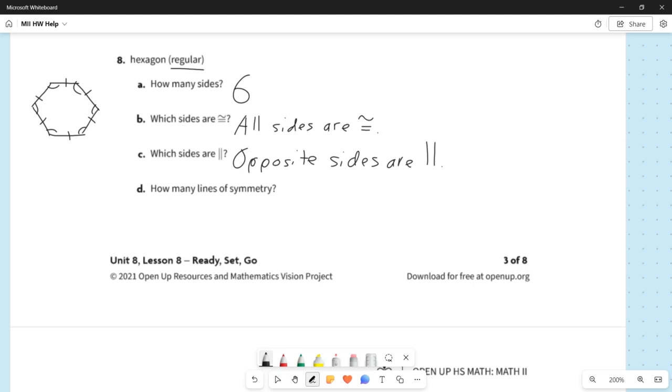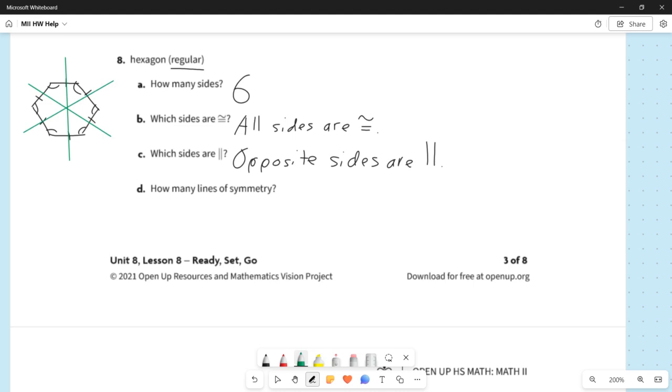How many lines of symmetry? This one I think has a lot, so let's make sure that we're not going to miss any. With the lines of symmetry, I can go like that. I can cut through those 2 sides. I can also cut through those 2 sides, and I can cut through those 2 sides.